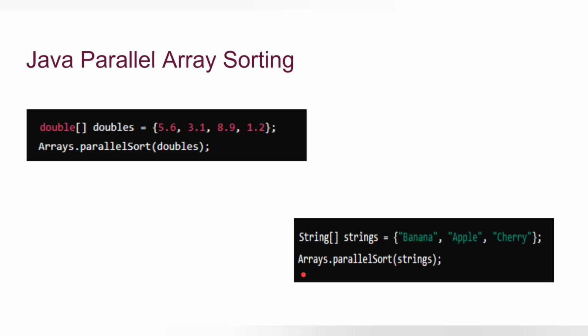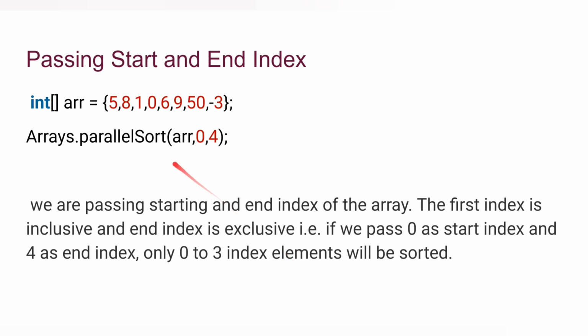Now another thing we can do with the parallel sort method: we can pass the start and end index. Let's say you have this array of integer data type. Inside the parallel sort method, you pass your array and then provide the start index and end index. It will sort only the data for those particular indexes.